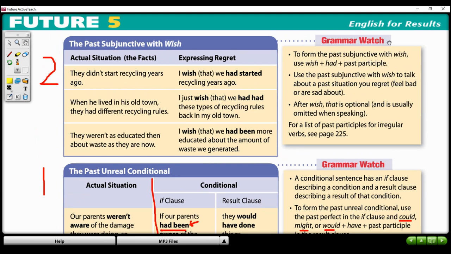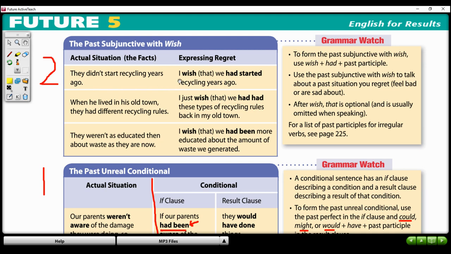American English speakers will often use the verb wish to talk about the past and the unreal conditional. And so we can see here the form is wish plus had plus past participle. So here's the real situation. They didn't start recycling years ago.